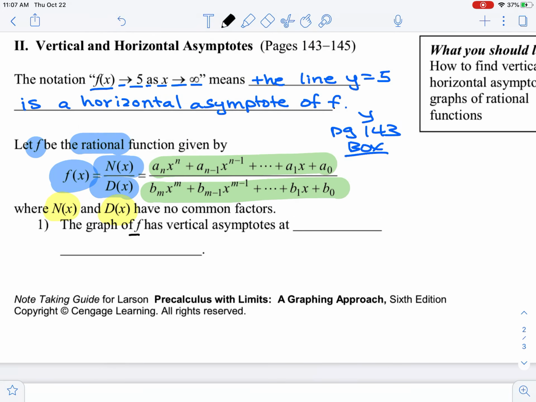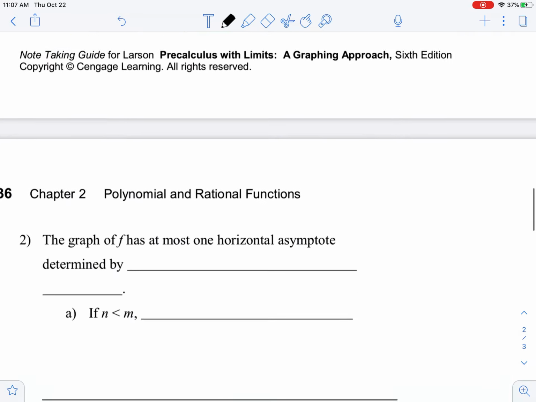So the graph of f has vertical asymptotes wherever the function in the denominator equals 0, aka where f of x is undefined.